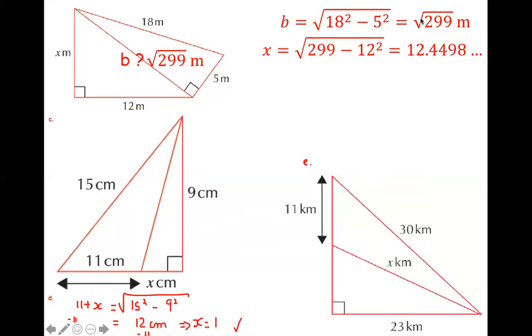So that's why I didn't need to write exactly what the distance for b was, or even round it. So I get 12.4498. Again, I'm going to have to round this to 12.45, 2 decimal places. And if you want to quickly check, you can use your calculator, and root 299 should be bigger than 12.45.